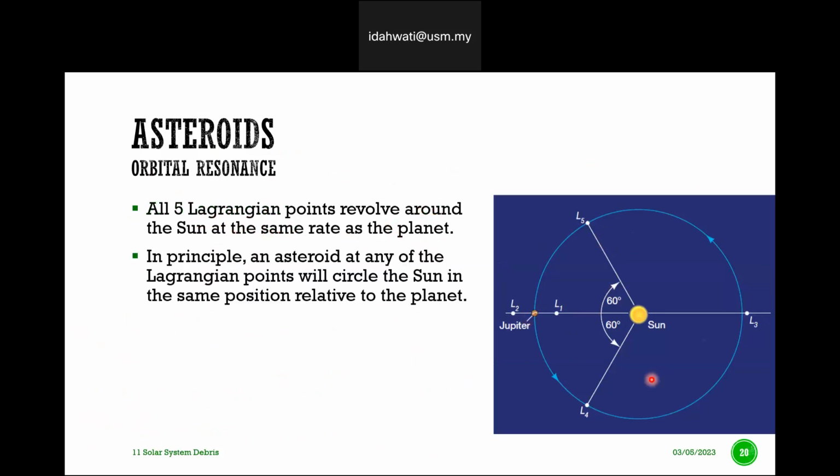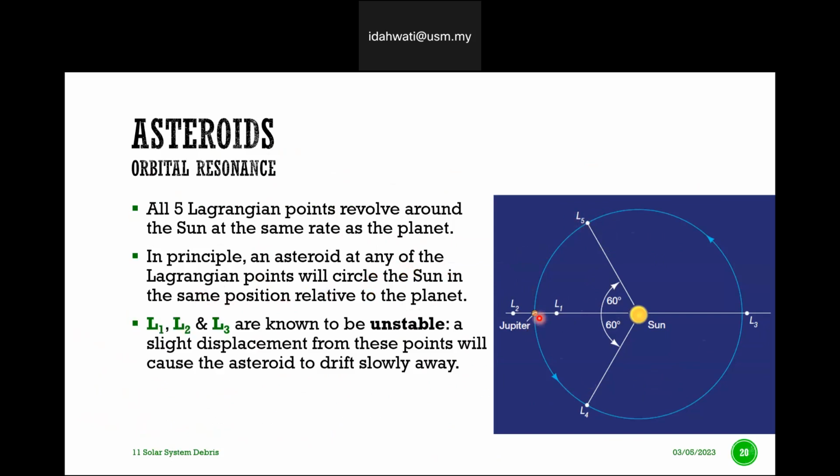So in principle, an asteroid at any of the Lagrangian points will circle the Sun in the same position relative to the planet. Okay, L1, L2, L3, which lie on the same line here, are known to be unstable because a slight displacement from the point will cause the asteroid to drift slowly away.